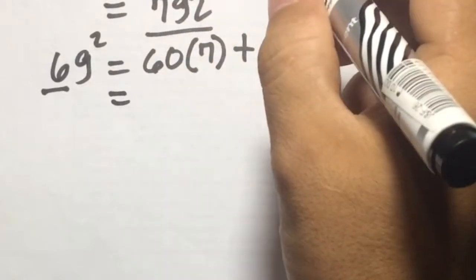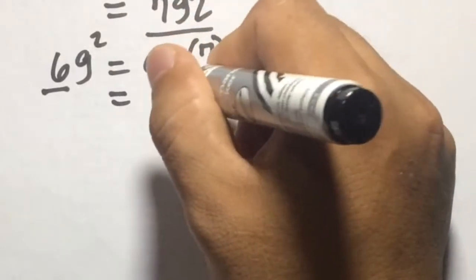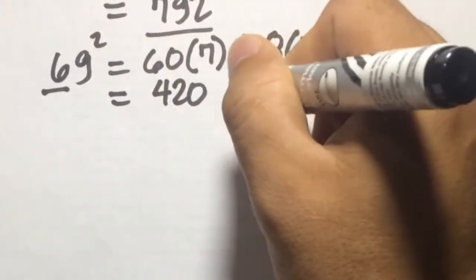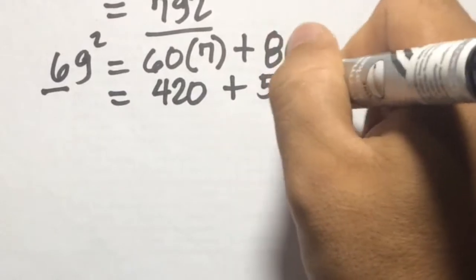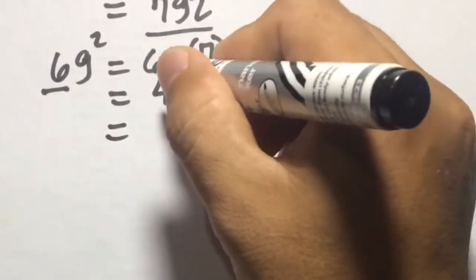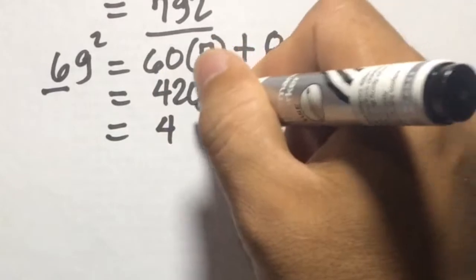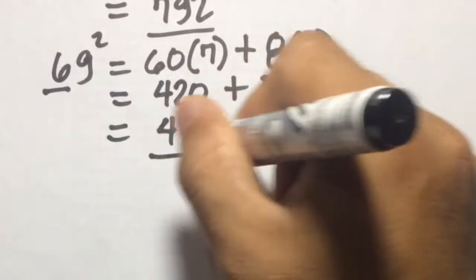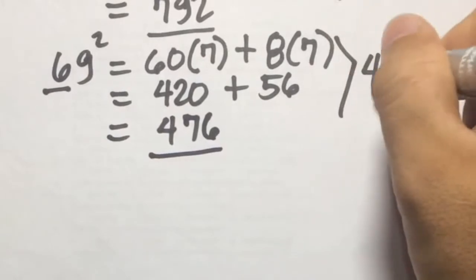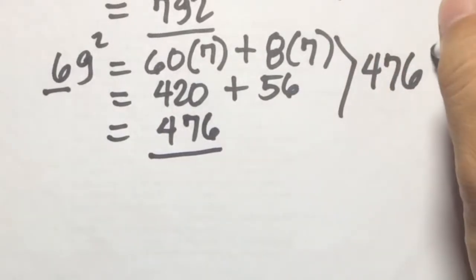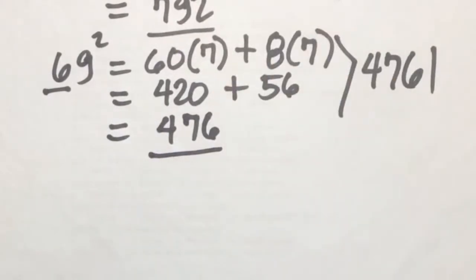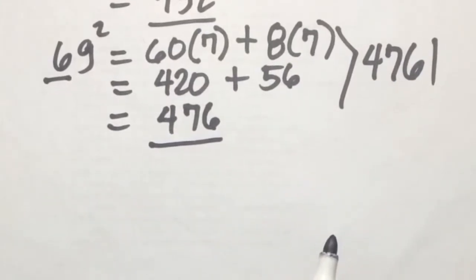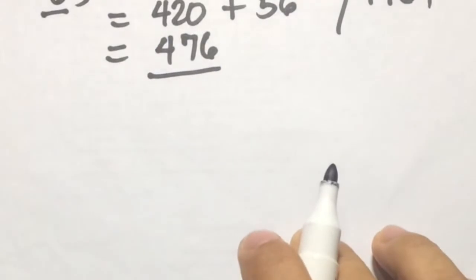So 60 times 7 is 420, then plus 8 times 7 is 56. Add the two, and the result here will be 476. So the first digits are 476, then the last digit will be 1. So 69 squared is 4,761.